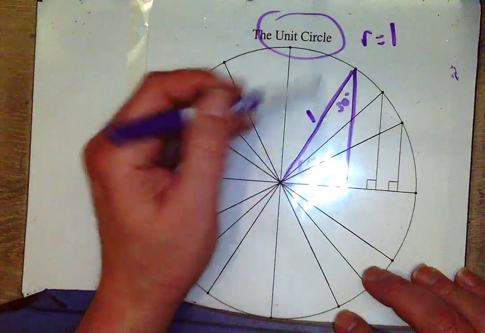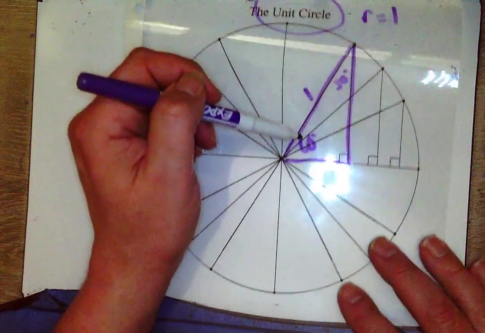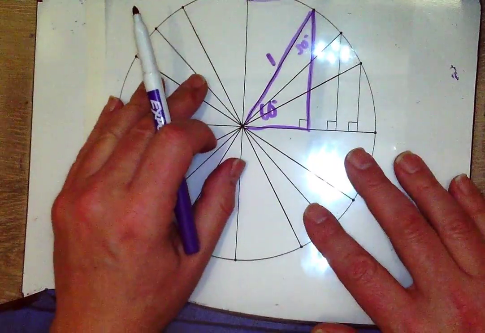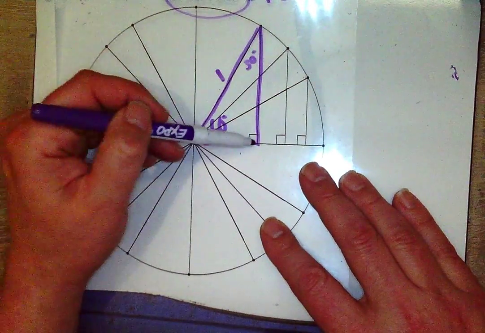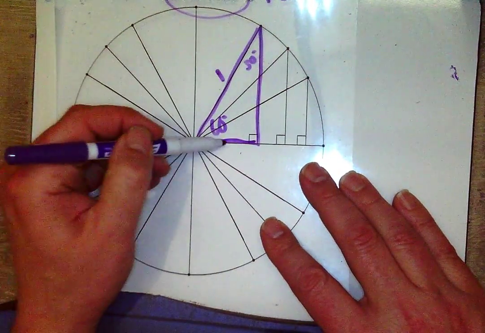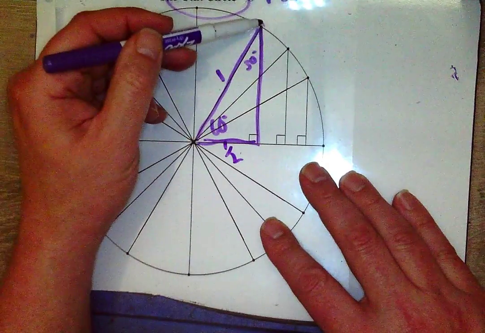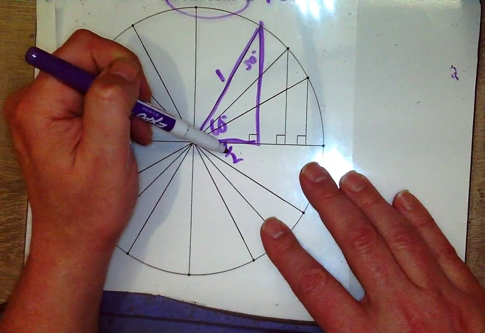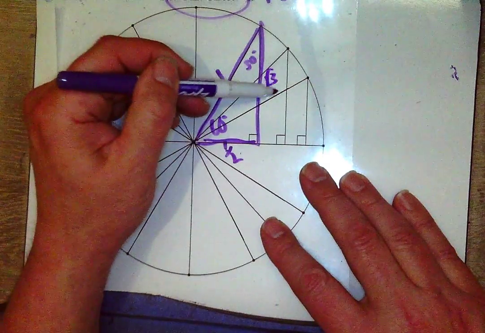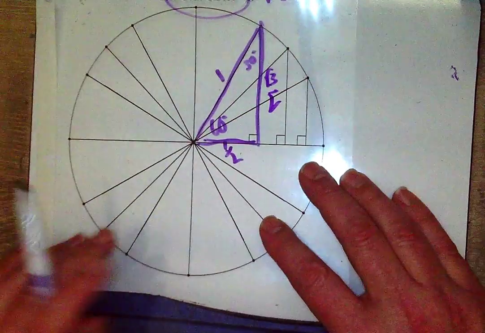Do you remember your shortcuts for a 30, 60, 90 triangle? The short leg was half of the hypotenuse, and the long leg was the short leg times root 3. That's where that stuff is coming from.